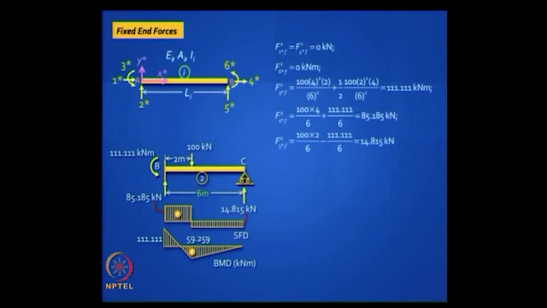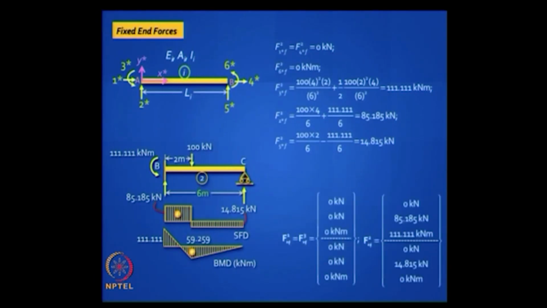Yes, we do, because if you recall, at C now you have a hinge. So it's a propped cantilever. I think we know how to calculate the fixed end moment for a propped cantilever. So we have to work this out. You are familiar with this, we have done this kind of problem earlier. So find out the fixed end forces and then work out the fixed end force vector, and then what do we do next after this?